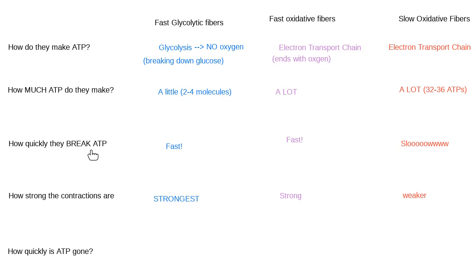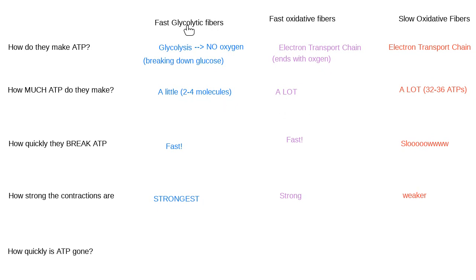If I chop up my ATP really fast, the amount of ATP that I have is going to break down more quickly. If I'm working really slow, we've got some slow ATP breaking down going on, that ATP is going to last a lot longer. So first we consider how much ATP we build.